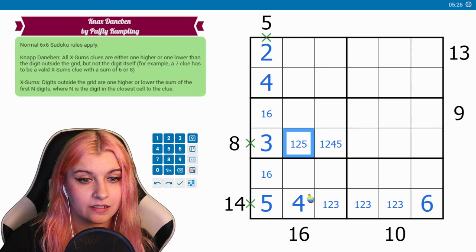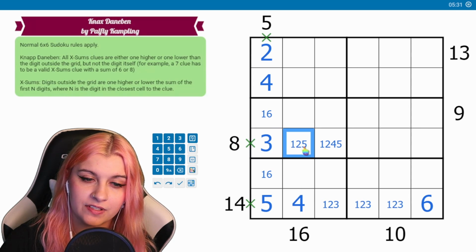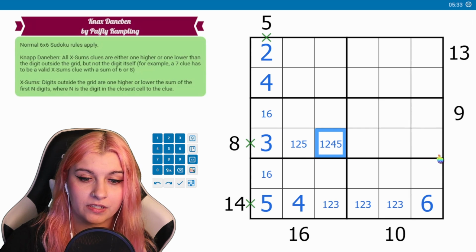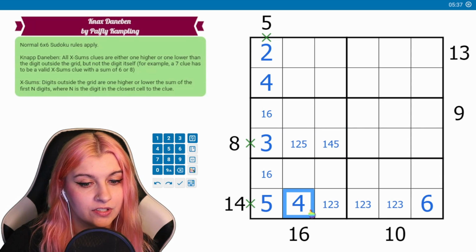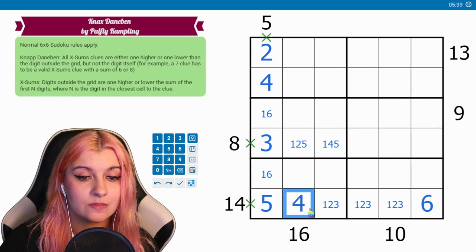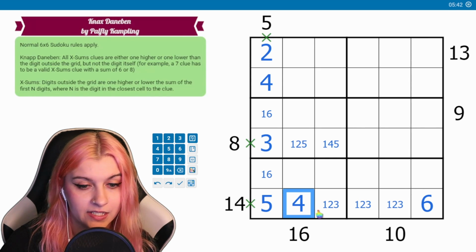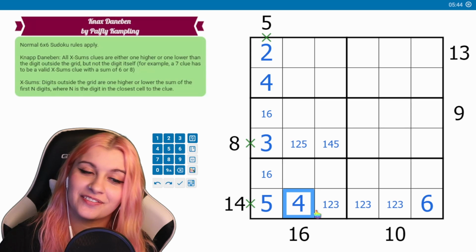Let's see. If this is 3, we need to get to 9 here. If this can't be a 4, then this won't be a 2. That cleans up a little bit. Can I actually figure this out? What's the smallest 4 cells could be? 10. Never mind. 4, 3, 2, 1 is 10.